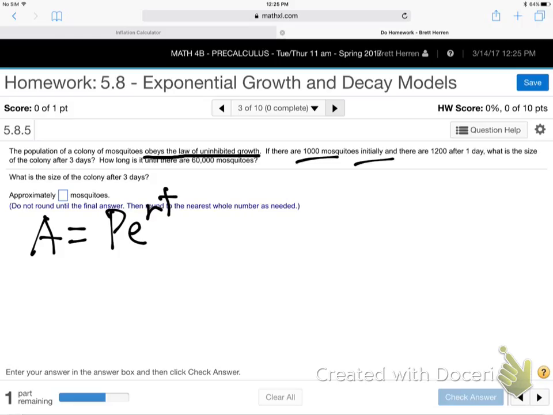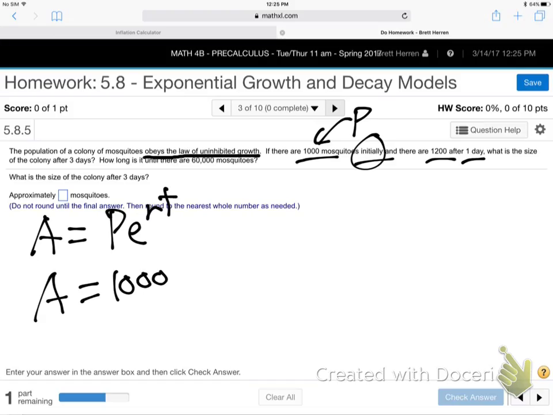1,000 mosquitoes initially. Where's that going to go? That's my P, right? Everybody good with that? Initially means it's the principal, the money put in the bank at first, or the number of mosquitoes starting off. And there are 1,200 after 1 day.